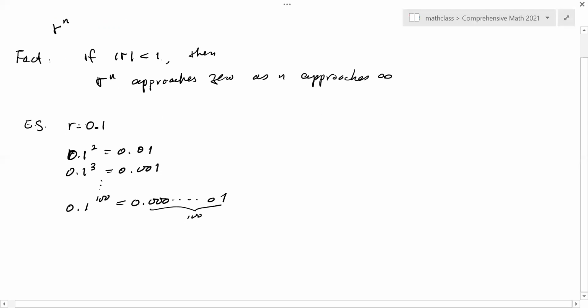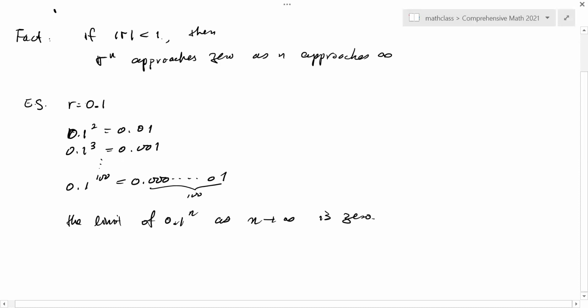So in the limit case, we say the limit of 0.1 to the n's power, as n approaches infinity, is 0.